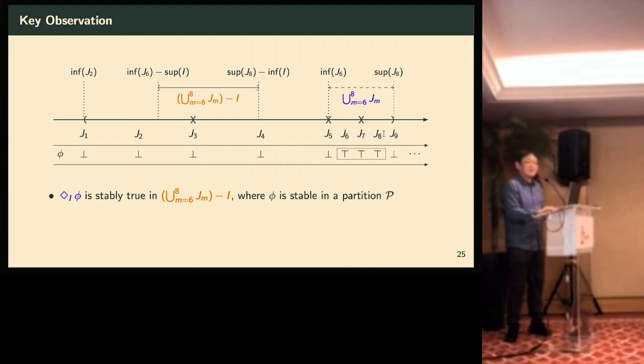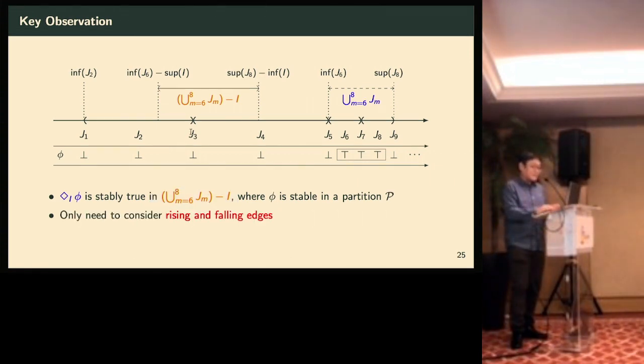Then, by some analysis proved in our paper, this formula is stably true in this interval. So, given the truth value on the stable interval of a subformula, we can obtain which part must be stable in each temporal formula. It can also be defined for more complex formulas like until or release.